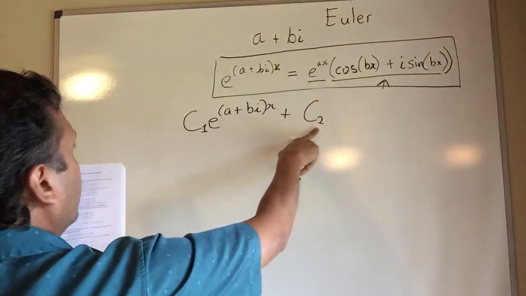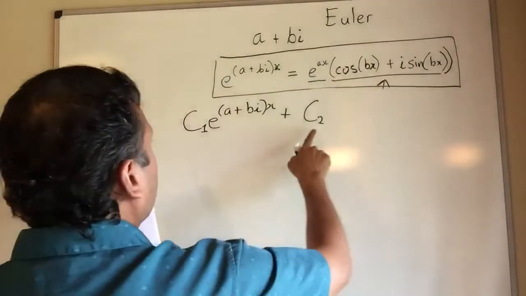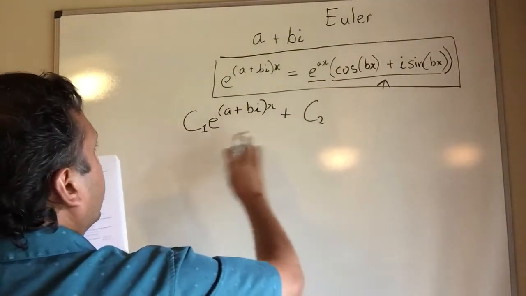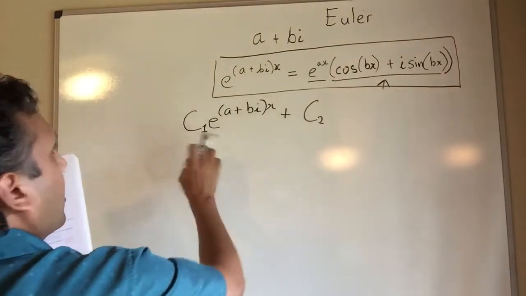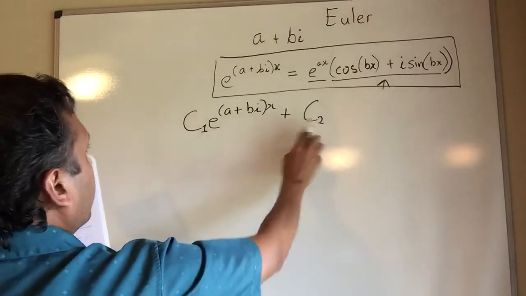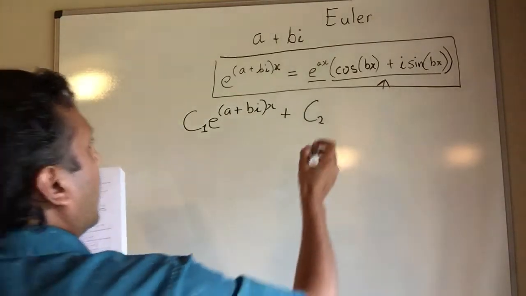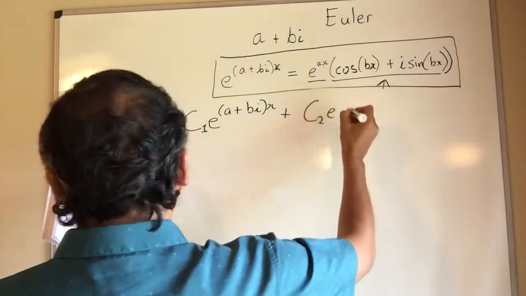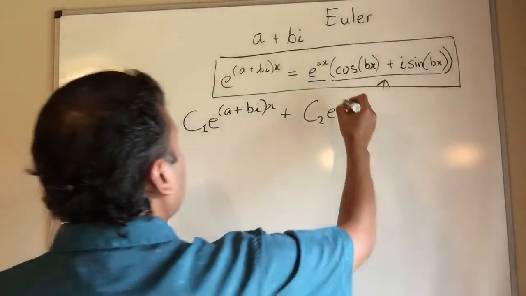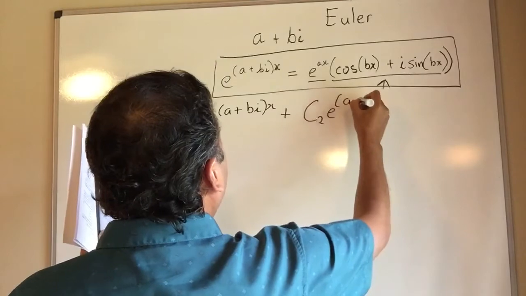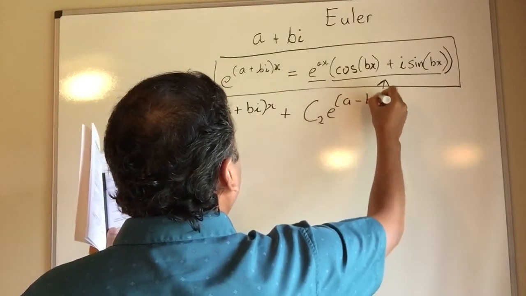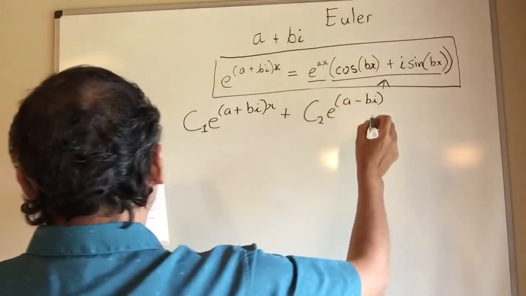This is constant 2, subscript 2, which distinguishes this constant from this one. So this one is different from that one. And it's also being multiplied by e to a minus bi multiplied by x.